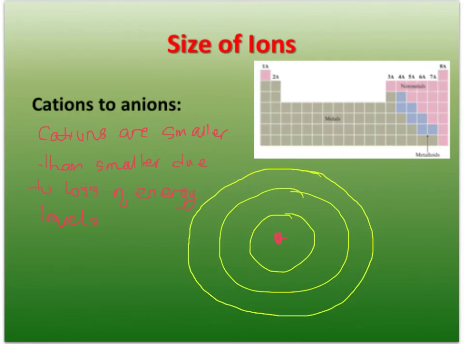Again, when we form cations, they lose electrons. When they lose electrons, they lose an energy level, so this energy level here is going to be lost. So that's why they get smaller. But when they form anions, they just add electrons to this energy level. So the number of energy levels does not change.